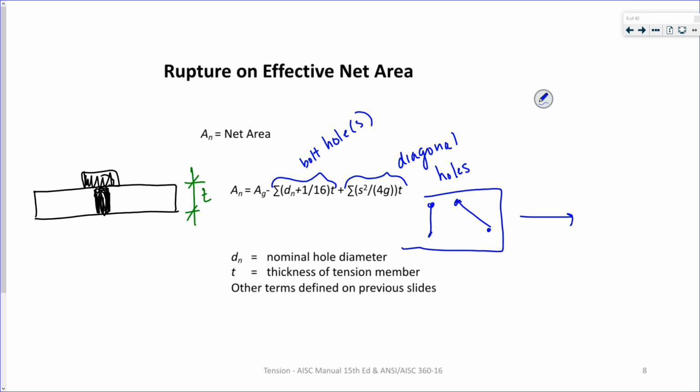If we have bolt holes like that versus bolt holes like that, you get to add a little bit more length that way. So this is my net area, right? Gross minus your bolt holes plus a little extra if you have diagonal.